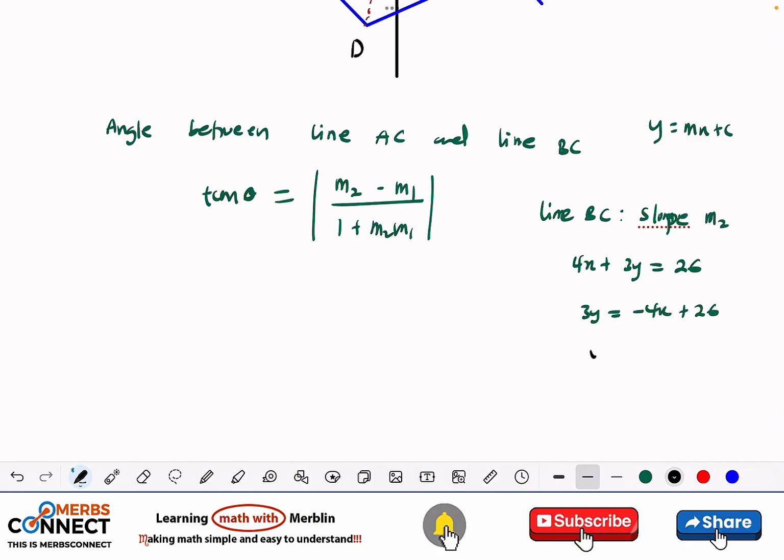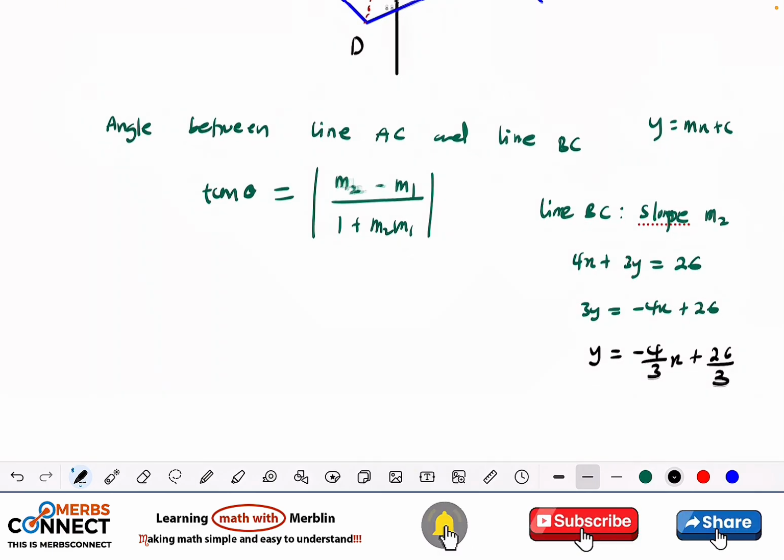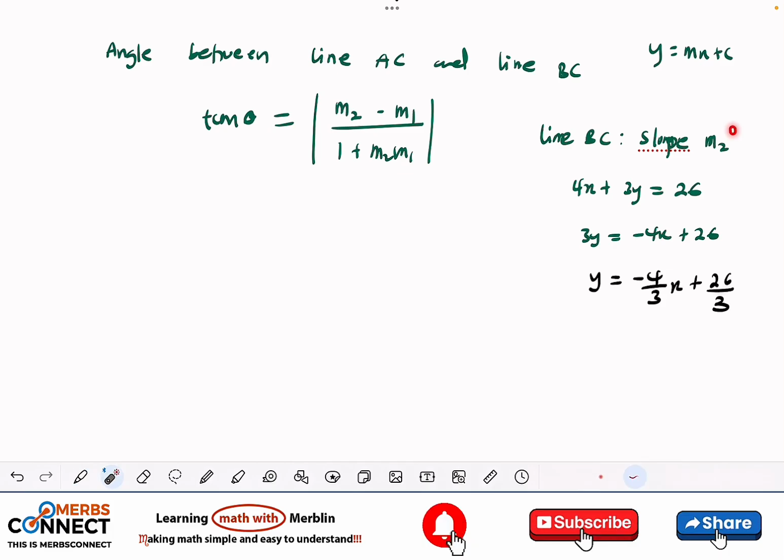So y is equal to minus 4 divided by 3 x plus 26 divided by 3. Since this slope is m2, m2 is equal to minus 4 divided by 3.